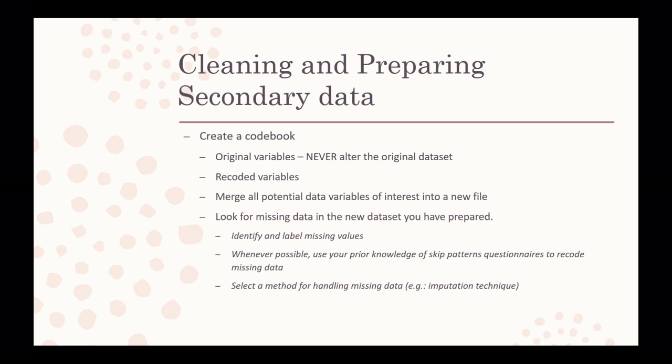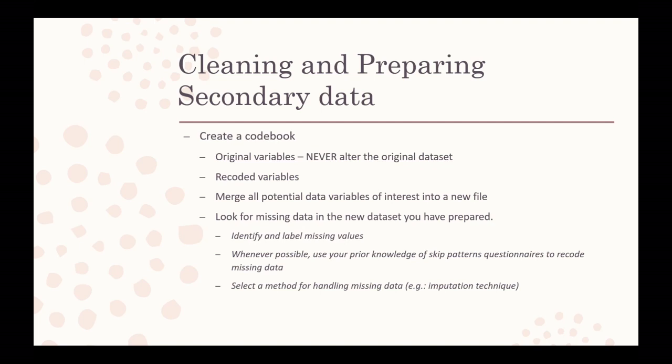Also, merge all potential data variables of interest into a new file. So if a data set has 340 variables and you only want to work with 77 variables out of the 340 variables, then it's highly recommended that you subset the data and only use those particular variables and merge them into a new file.